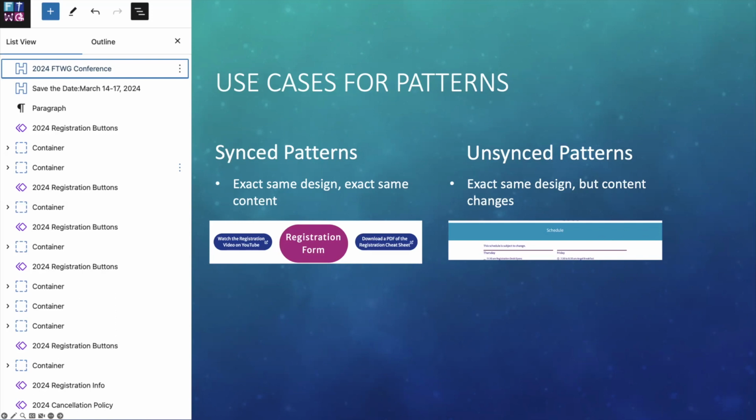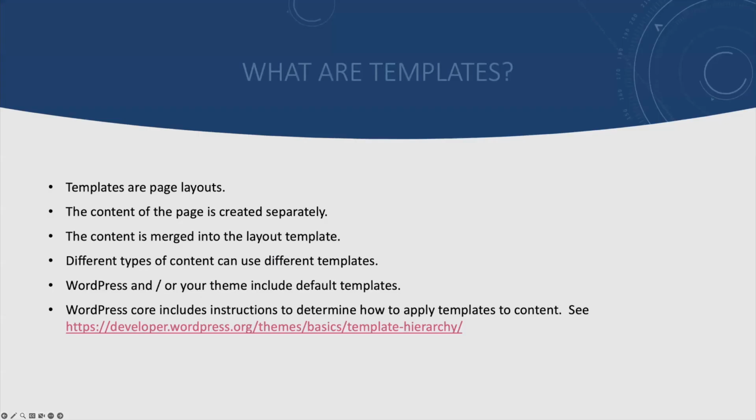I would have to find every single instance that pattern was used and change it manually. So that would be a good place for a partially synced pattern, so that if I wanted to change the color, it would change across all of them, but it wouldn't change the heading title, like schedule.